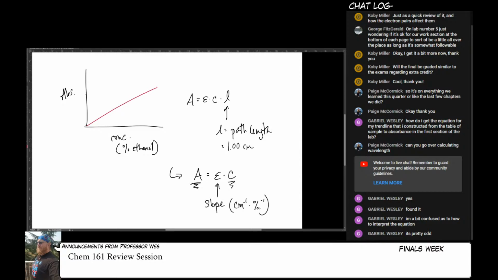So you should get an equation. If your equation has a y-intercept, that's error, because a 0 concentration should have a 0 absorbance, right? So you can effectively ignore that when trying to determine concentrations, but just do the algebra. Subtract whatever amount your plus term is, or add whatever amount if it's a negative.